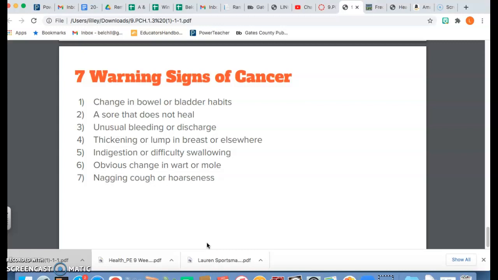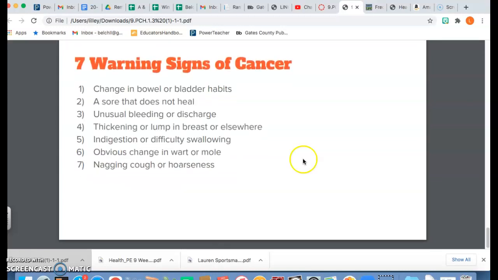The 7 warning signs would be a change in bowel or bladder habits. The second thing, having a sore that doesn't heal, unusual bleeding or discharge, thickening or lump in the breast or anywhere else, indigestion or difficulty swallowing, obvious change in a wart or mole, and of course a nagging cough or hoarseness that doesn't ever go away.